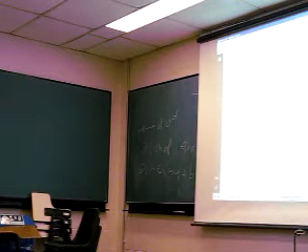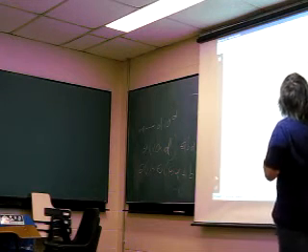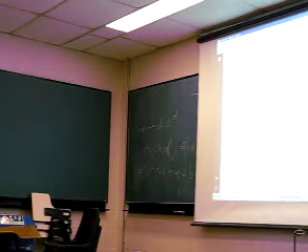Very few people have noted that the size of the input is log d. Because I set up here, the input consists of the single integer d. So the size of the input is log d. So d equals 2 to the n.